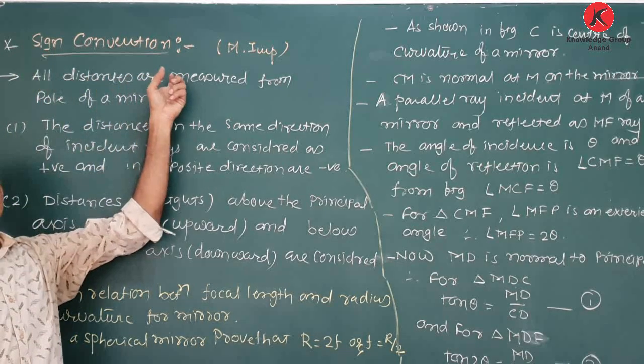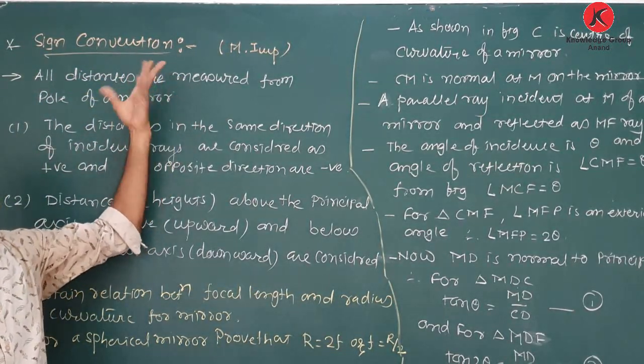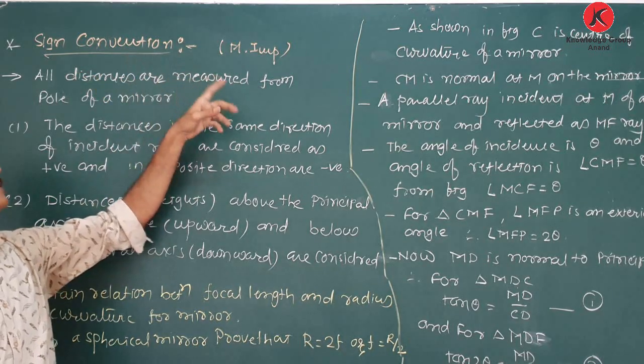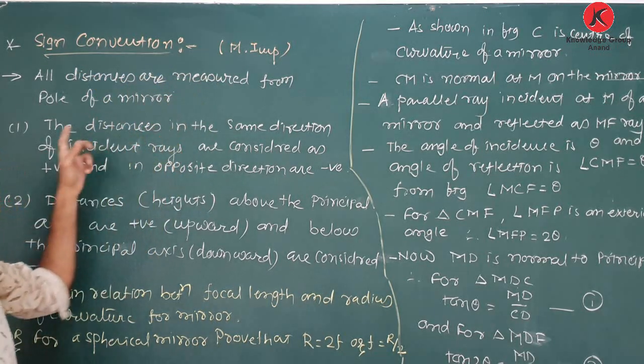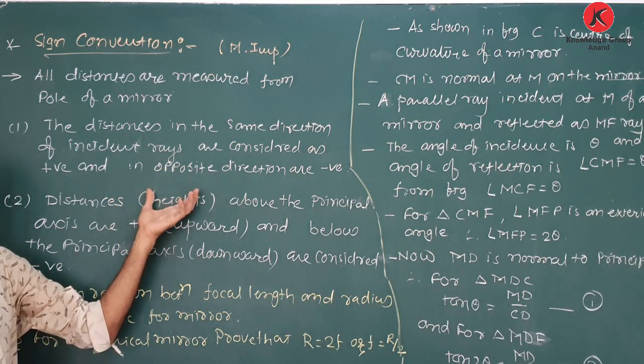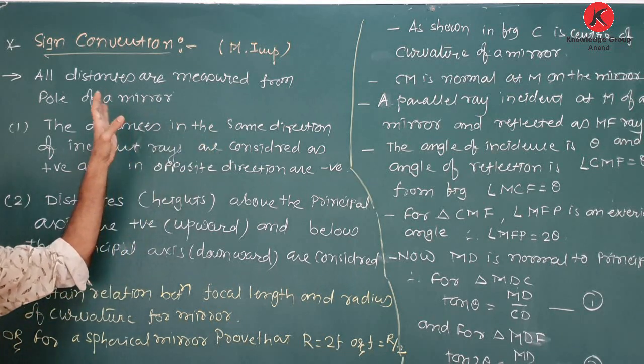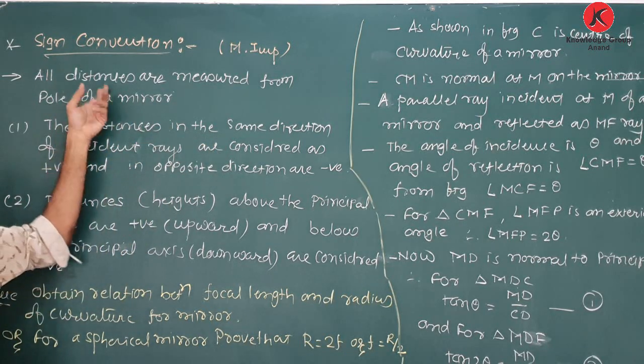Now, sign convention. What is the importance of the sign convention in reflection? In numericals, we frequently use the object distance, image distance, radius of curvature, and principal focus or focal length, and there is a difference whether each is positive or negative. So how do we take the positive or negative?